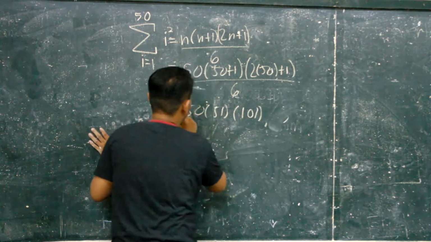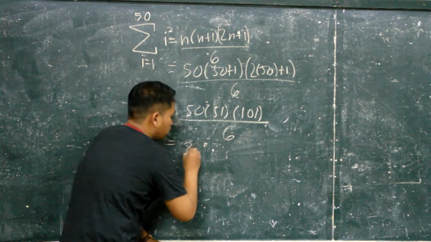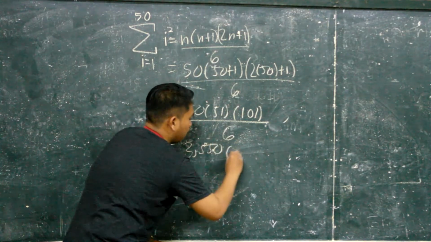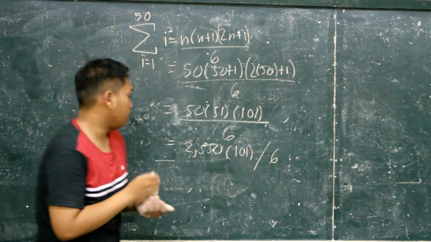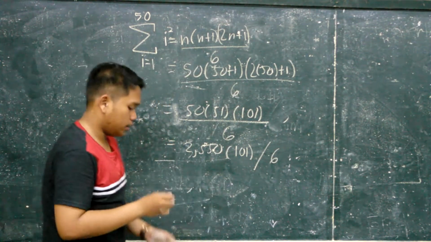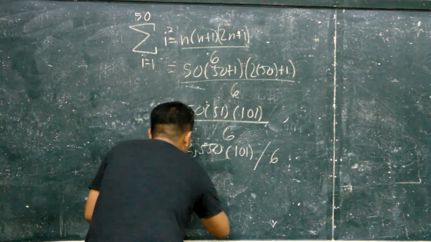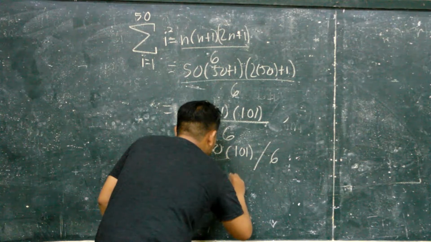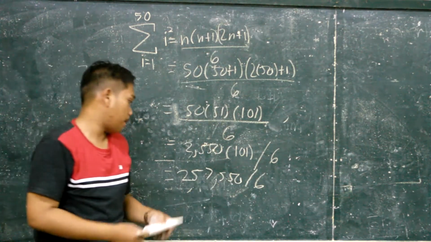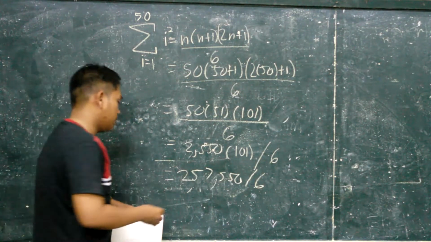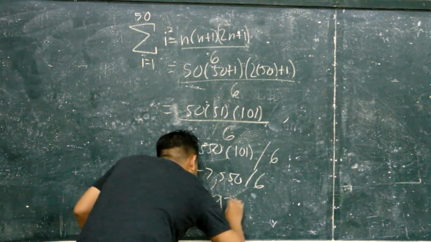Or we can write it like this: 50 times 51 is 2,550, times 101 over 6. 2,550 times 101 is equal to 257,550 over 6. 257,550 divided by 6 is equal to 42,925.